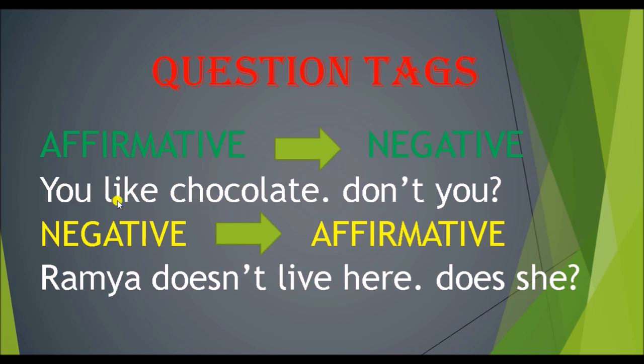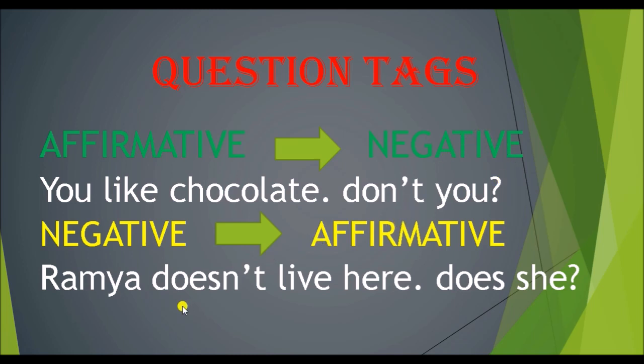It is in the simple present tense, and it is difficult to form the question tag without an auxiliary. So we use the do form: do, does. I like chocolate means I do like chocolate. I like chocolate, affirmative statement, don't you? Negative tag.